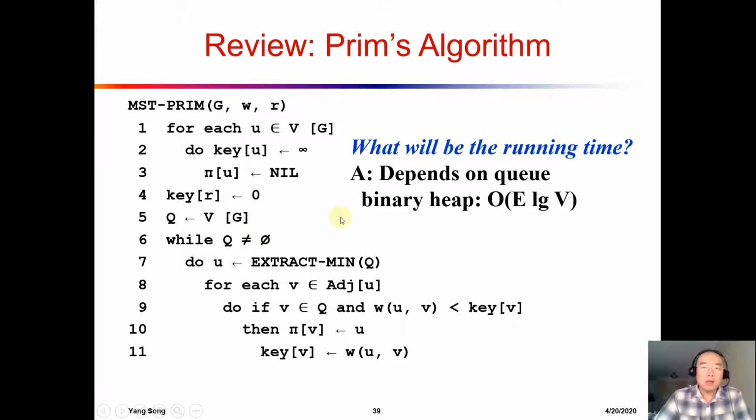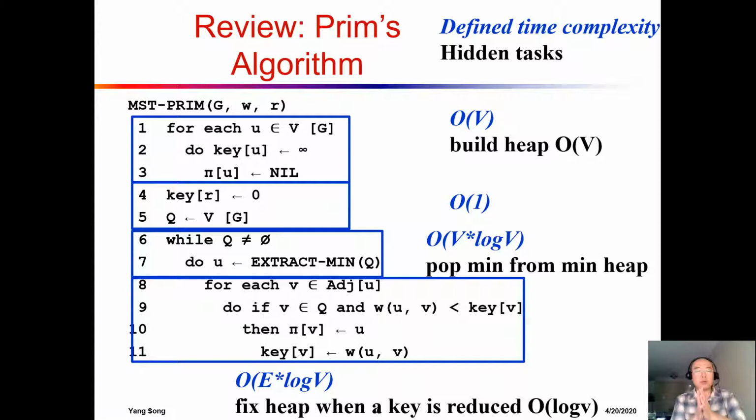Okay, so let me give you the answer first. The answer is, if we are using the binary heap as the queue, then the time complexity will be O(E log V). Okay, so how do we get that?